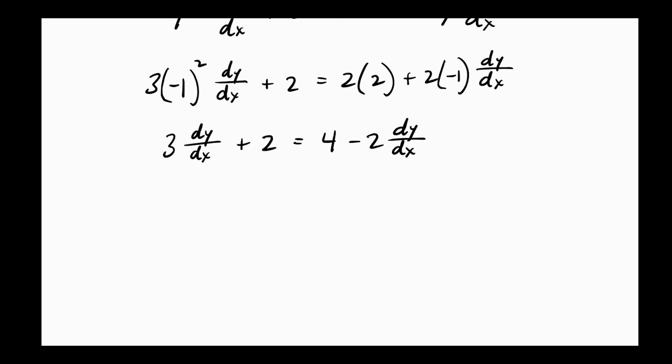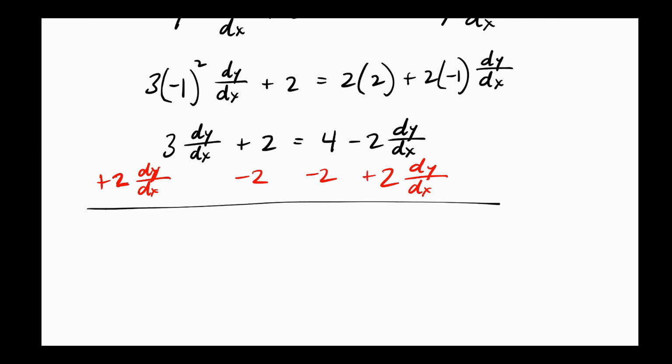So I have to get dy/dx on the same side, so I'm going to subtract 2 from both sides, and then I'm going to add 2 dy/dx to both sides. So that goes away, so I have 2 dy/dx plus 3 dy/dx equals 2.